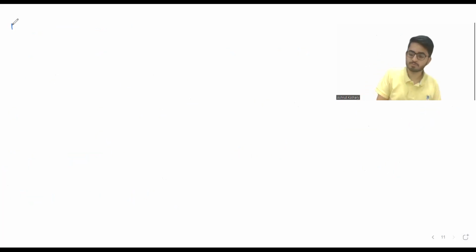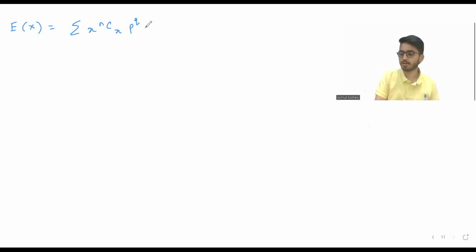So if I want to find expectation of x, expectation of x will be summation x nCx p to the power x q to the power n minus x, where x runs from 0 to n. Again, take a look. First term, when I put x as 0, 0 into anything is 0. So I can also write this as summation x running from 1 to n of x.